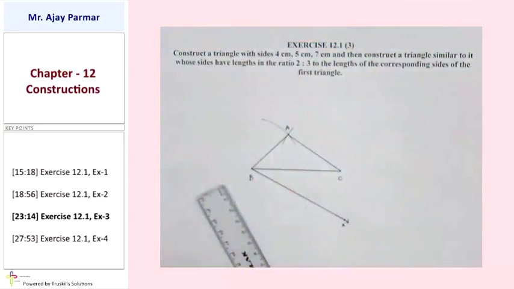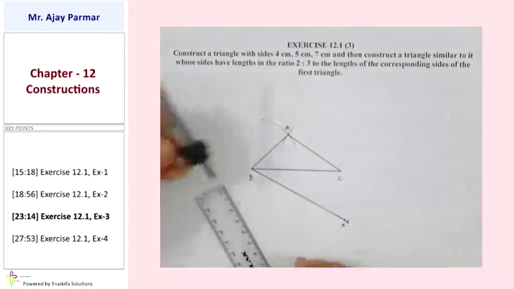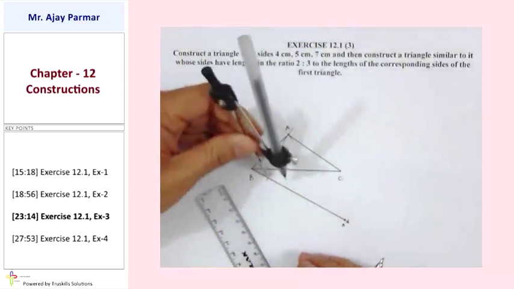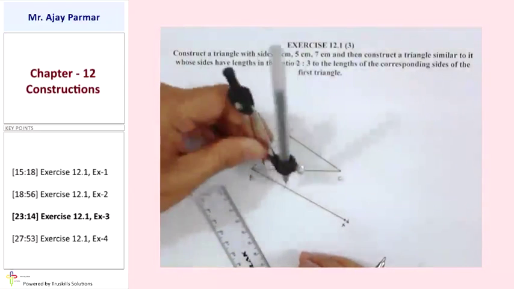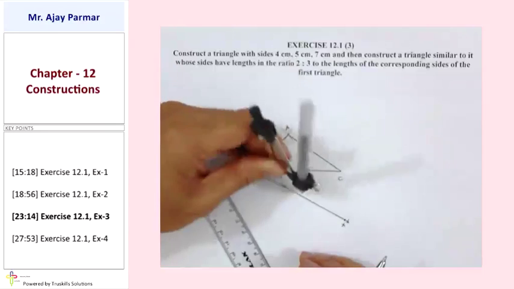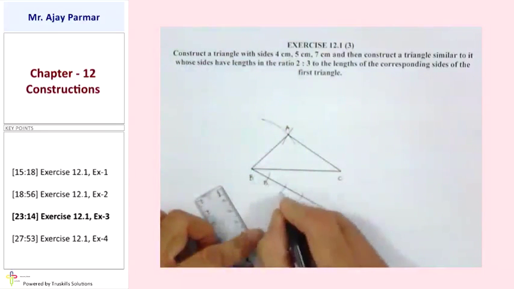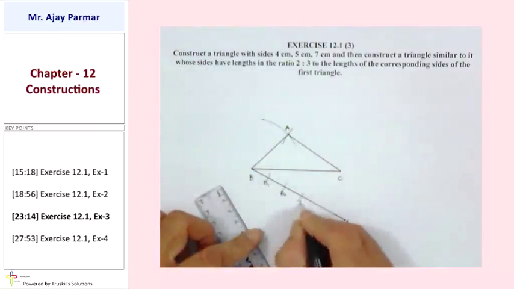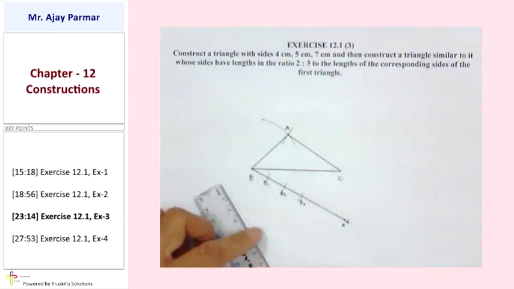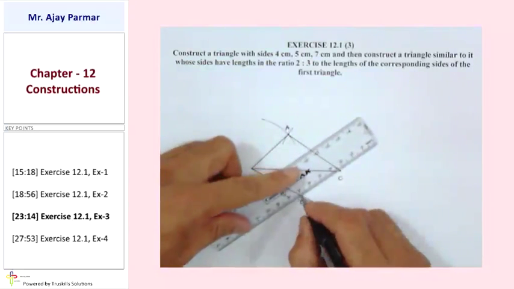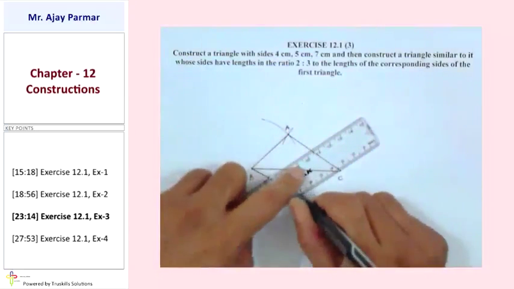3 is the bigger number in the given ratio 2:3. So I'm going to take up any arbitrary radius and draw 3 arcs, 1, 2 and 3. Let us call these as B1, B2 and B3. Now join B3 with point C to get B3C. Why?